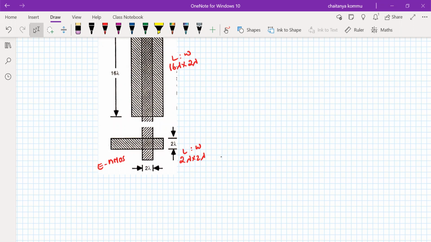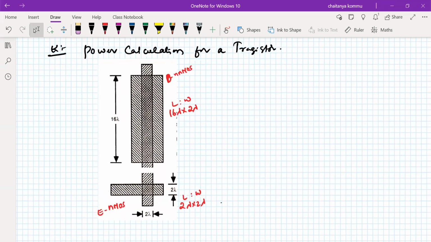So what if I reduce the width of the pull down network by half, what will happen? Let us calculate the input capacitance and output capacitance of this one, and we will go to the next level.